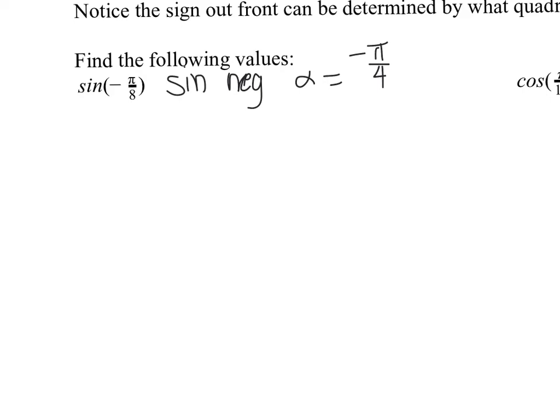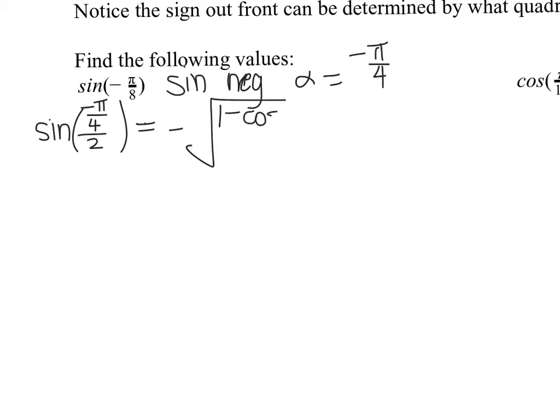So for our half angle identity, we are going to do sine of negative pi over 4 divided by 2 equals negative square root 1 minus cosine of negative pi over 4 all over 2.